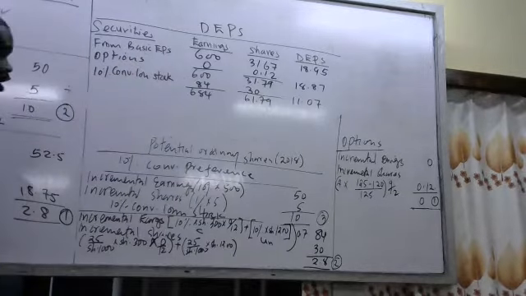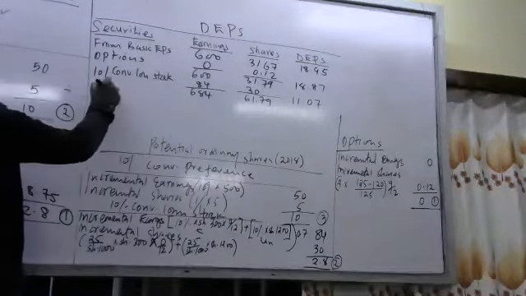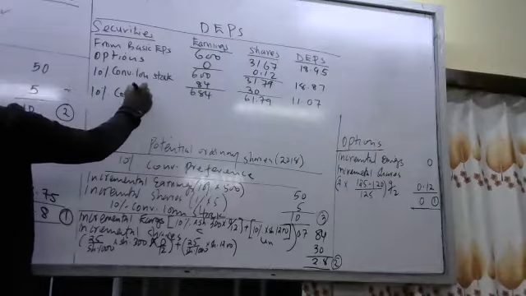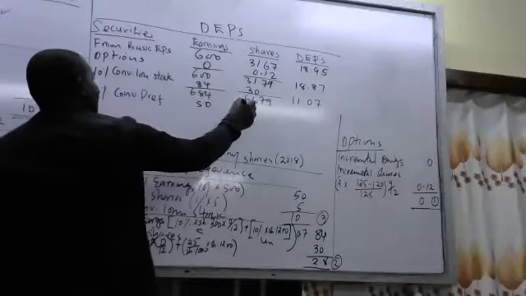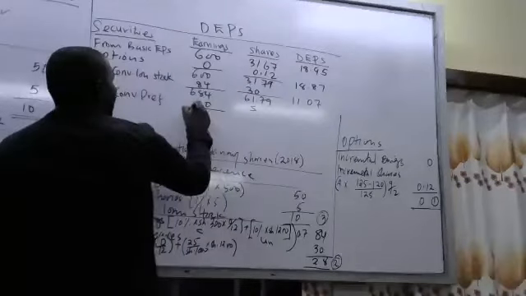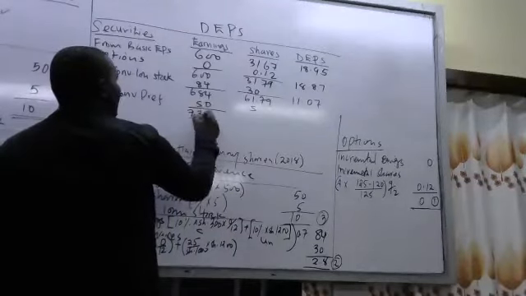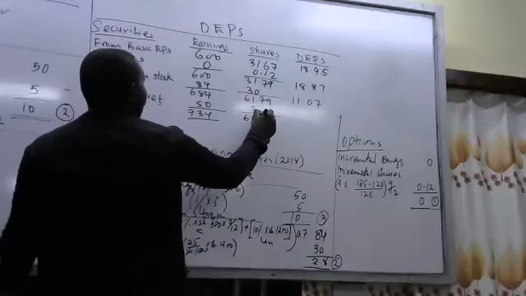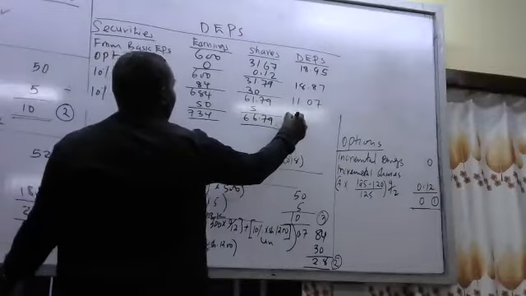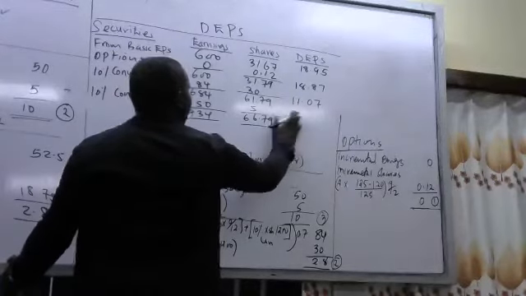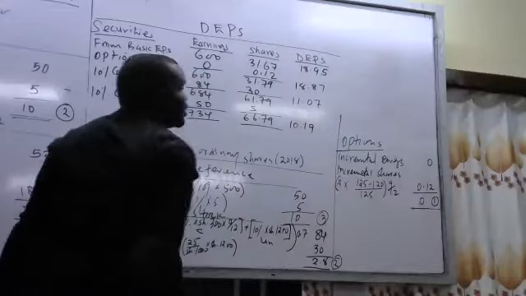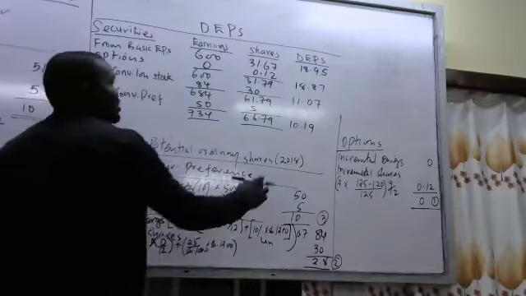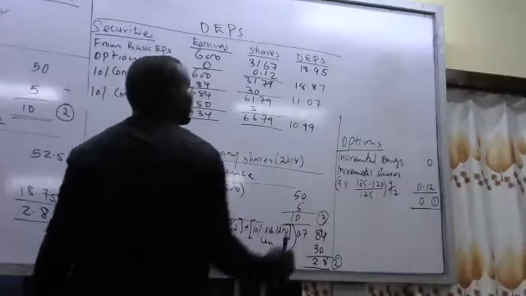Then bring preference. So 10% convertible preference, 50, 5, 734, 66, 79, 11, how many 10? 0.19, 99, 10.99.